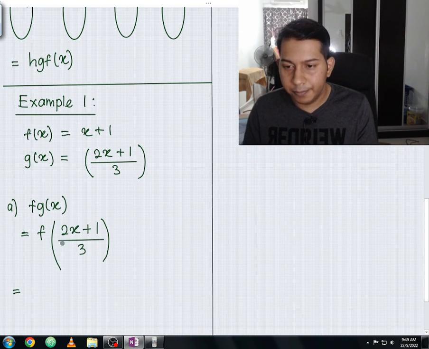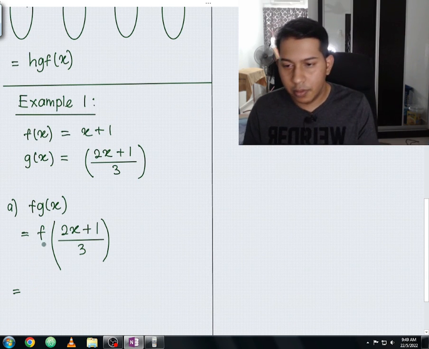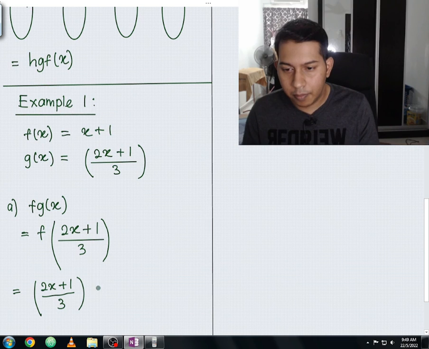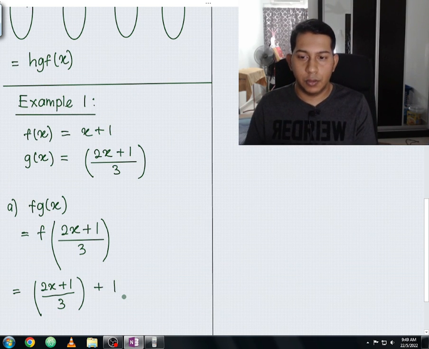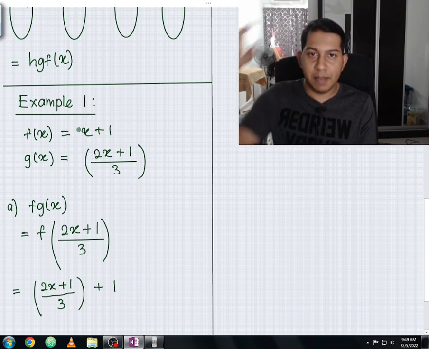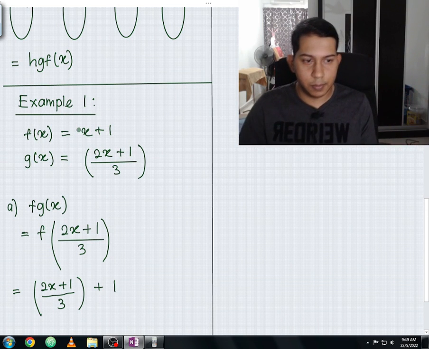So instead of writing x plus 1, it will be (2x plus 1) over 3, plus 1. You substitute this (2x plus 1) over 3 into this x, so you map it inside the x. That's how the composite function works.